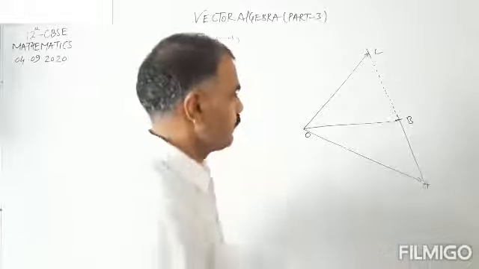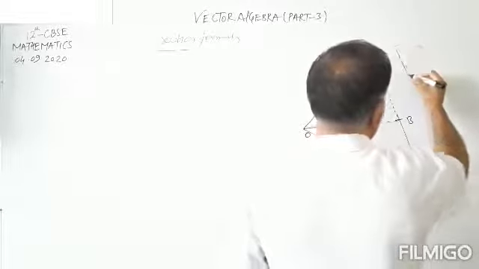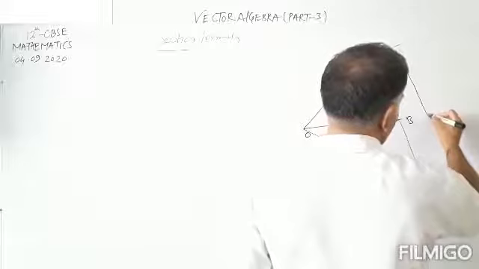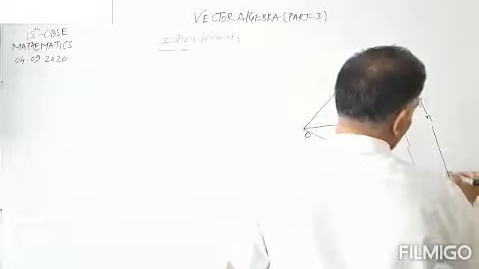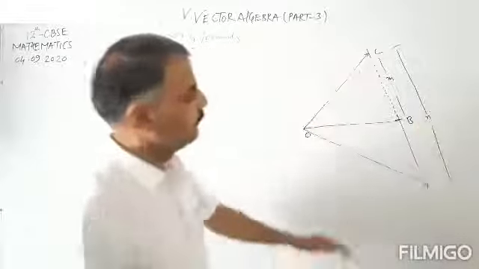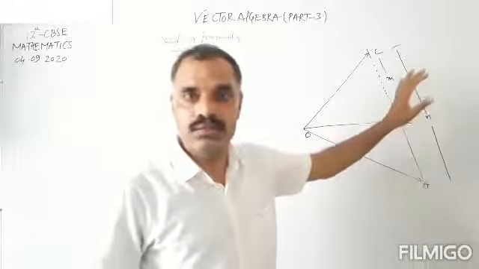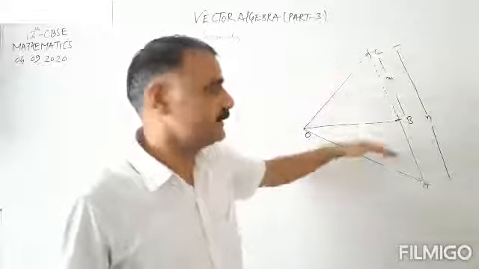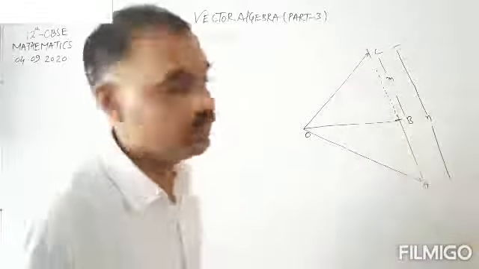Now, let this be M and this be N. This is the ratio in which the point C is dividing the line segment AB. Okay.